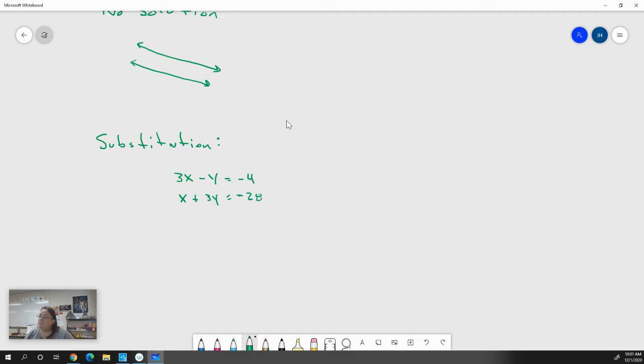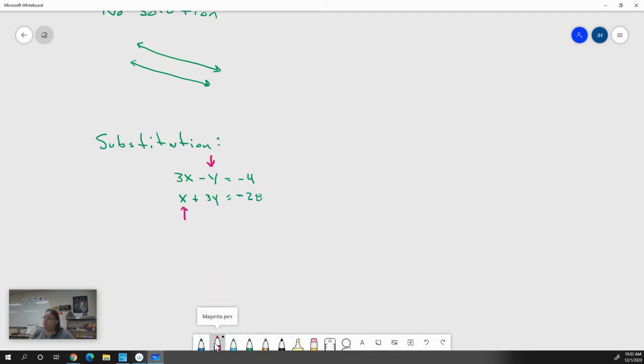The only time we're ever going to want to use substitution is when we have something like this or like this, which is a variable with no coefficient in front of it, meaning we're talking about one of them, right? Otherwise, you're going to be dealing with fractions, and it's so much harder to use substitution. You might as well use elimination if we're getting into things like that.